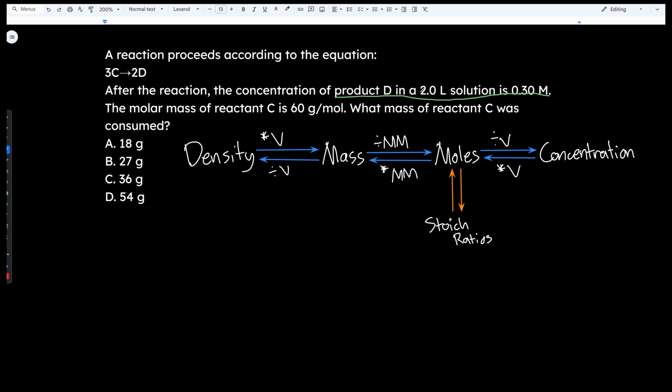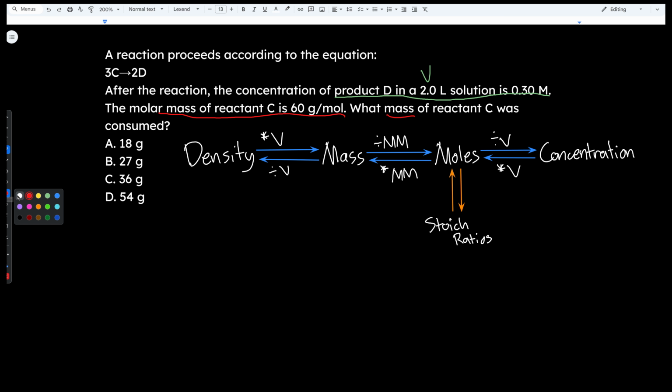I just care that it's one species, which is why I'm keeping it green. Right. Product D is in a volume of 2 liters, and it has a concentration of 0.3. The molar mass of reactant C, so this is talking about C, this is a different thing. I'm going to basically mentally underline that in red, a different species, and we're looking for the mass of C.